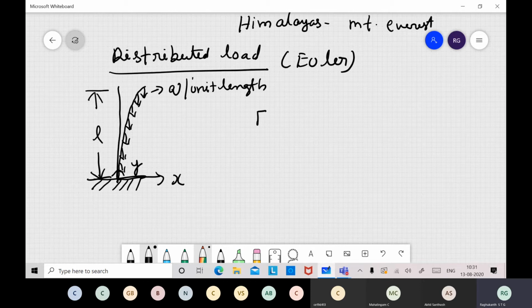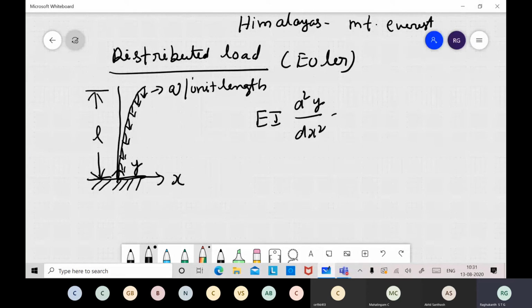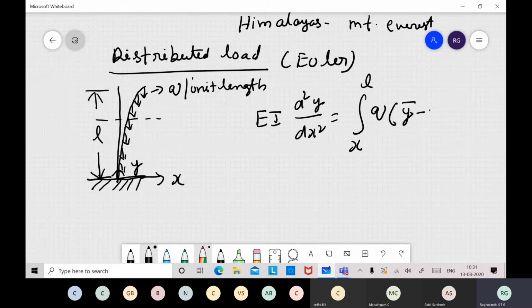So if you write your equation of equilibrium, same, EI d square y by dx square. Because your origin is from the bottom, if you take any cross section and try to write the bending moment, your load is q times x into L, and your centroidal coordinates y bar minus y, d x bar actually, where x bar and y bar are nothing but your centroidal coordinates.